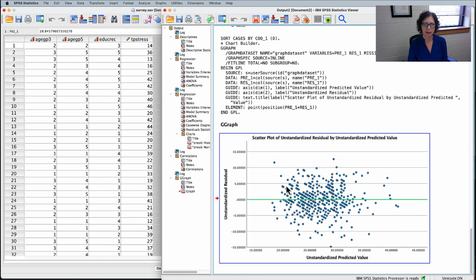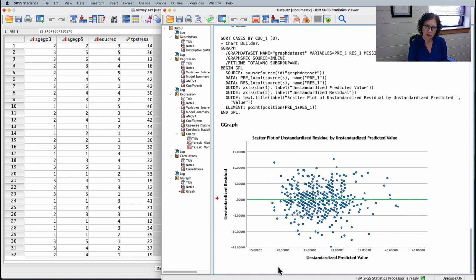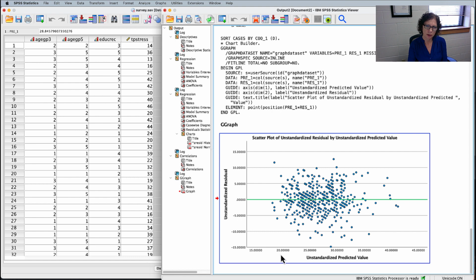So now I can see the distribution of these predicted values across different residuals. I'm looking at the spread both above and below the 0 line, and I'm looking at the spread of residuals at this predicted value, 20, compared to this predicted value of 40.